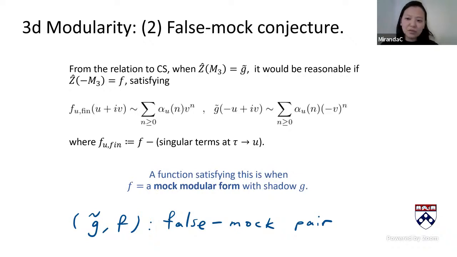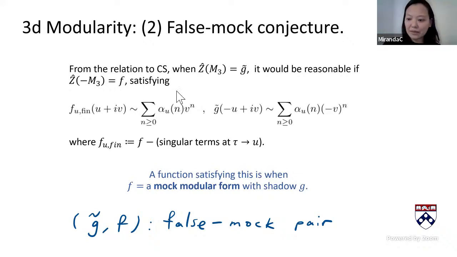And then I'll say, okay, it would be reasonable if on the other side, I actually get a mock modular form, because according to the theory of mock modular forms, we know that they behave reasonably, namely, in a way that's consistent with the Chern-Simons expectation, flipping q and q inverse, as q approaches some rational number, when I approach the roots of unity from within the upper half plane. So the slogan we use is that when we flip the orientation, in these examples, the Z hat invariant should be given by some false and mock pairs. That's what we proposed.